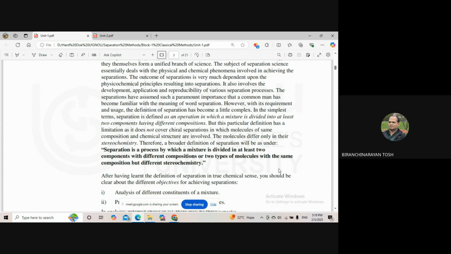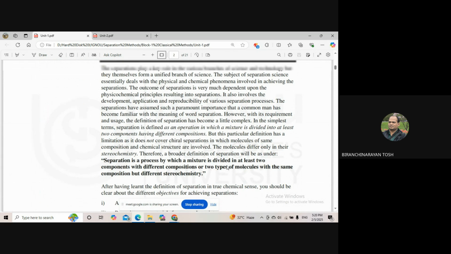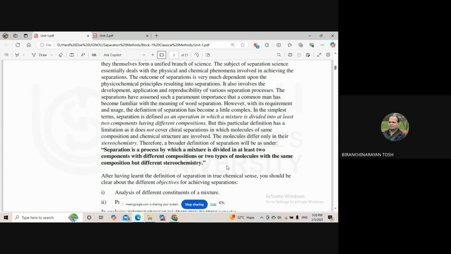That means we can separate two different substances into their individual components, and the same substance if it has different stereochemistry, like we have already known the stereoisomers, DL isomers, cis trans isomers, they can be separated. So that's why special reference is given to the same composition but different stereochemistry. So different stereoisomers, if you can separate them, and if in a mixture the components can be segregated, then that is the separation process.